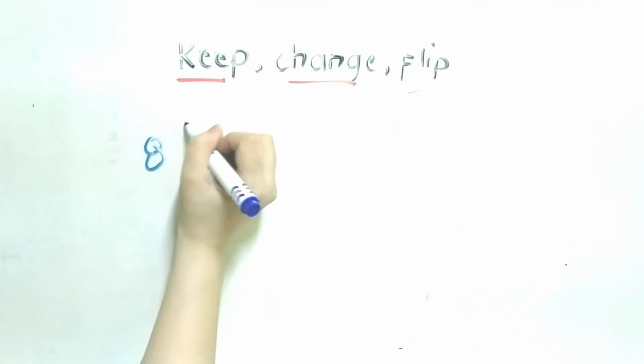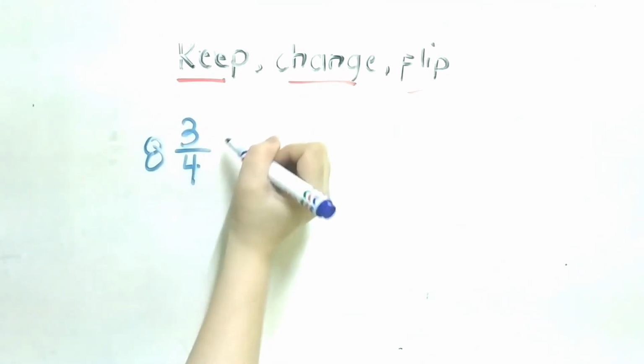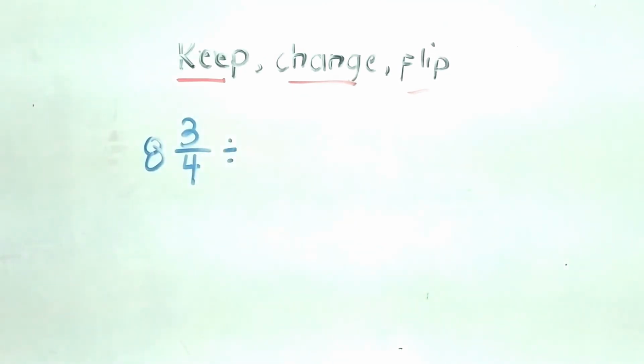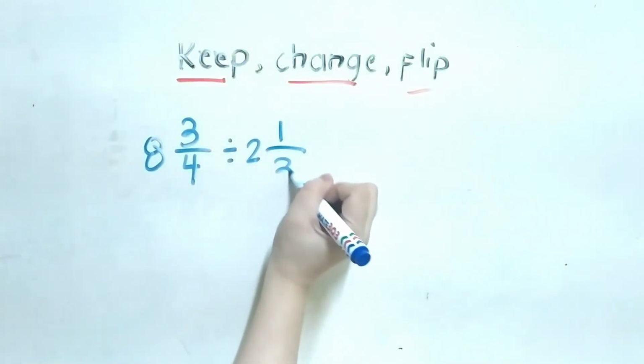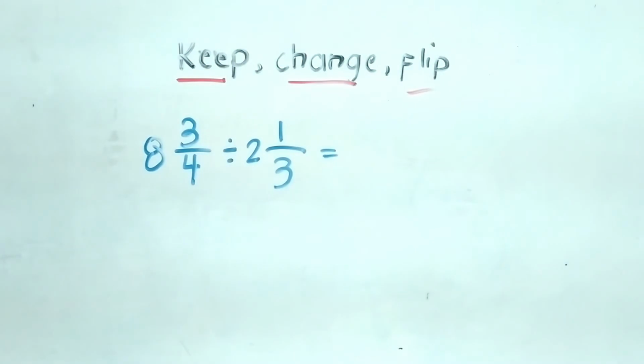Eight and 3 over 4 divided by 2 and 1/3. So, pansinin natin ang ating given. So, since parehas sila na nasa mixed number, ang gagawin natin, i-change sila into improper fraction. So, unahin natin ang 8 and 3 over 4.